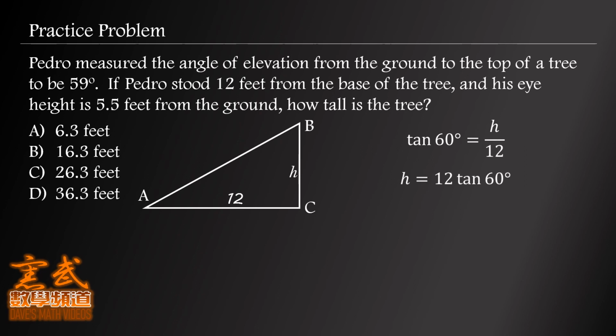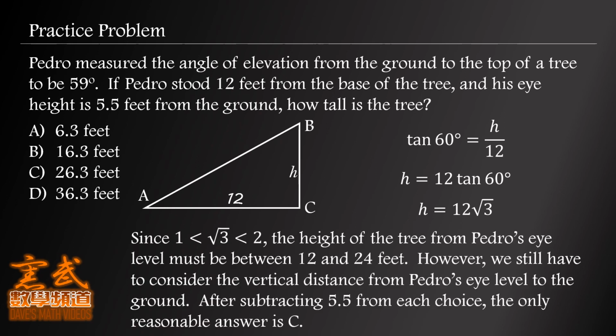So we have that h is equal to 12 times the tangent of 60 degrees, or h is equal to 12 times root 3. Since we know that square root of 3 is in between 1 and 2, we know that the height of the tree from Pedro's eye level must be between 12 and 24 feet.